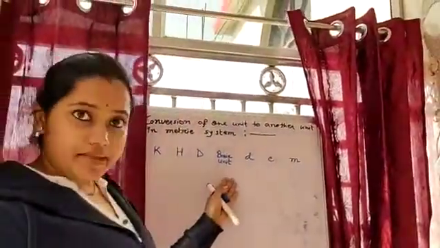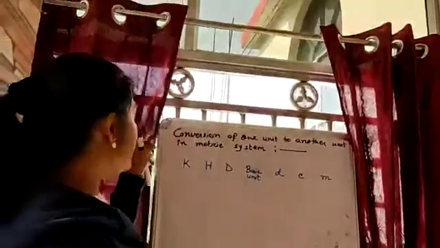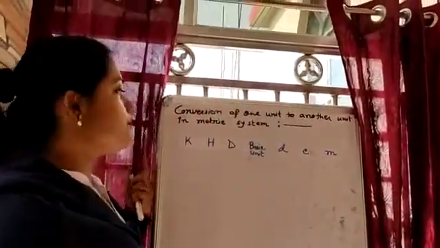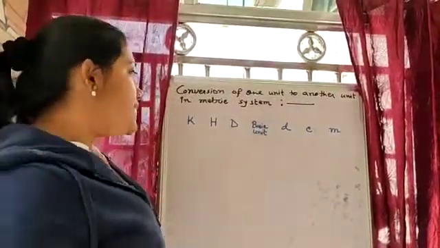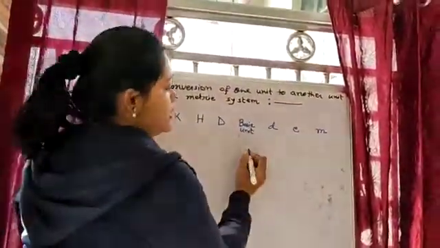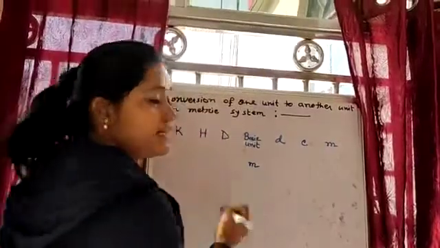Now what is the basic unit? Based on this, it is changing. Suppose we are going to find out any length. At that time, the basic unit will be meter.